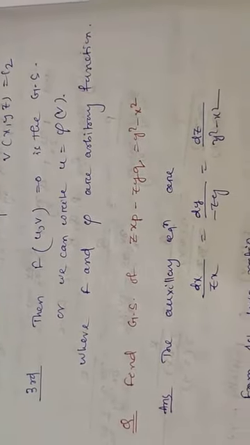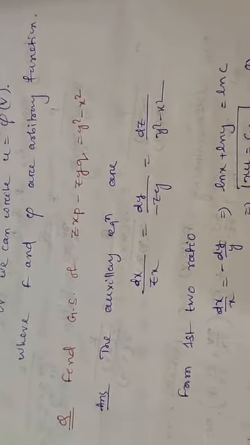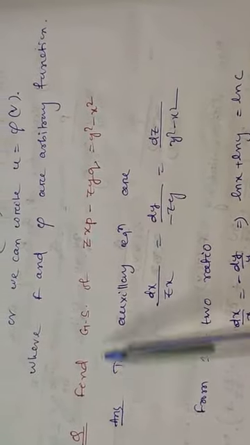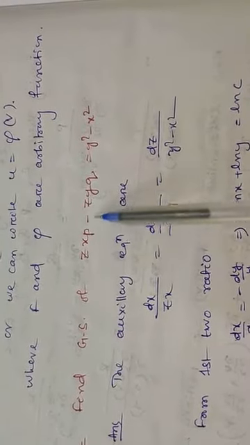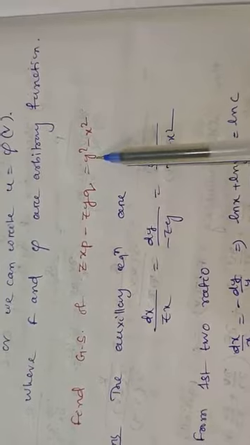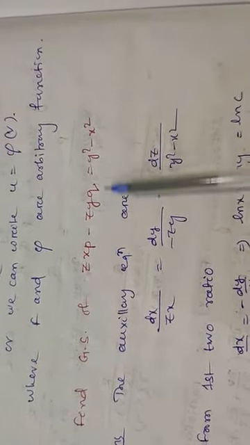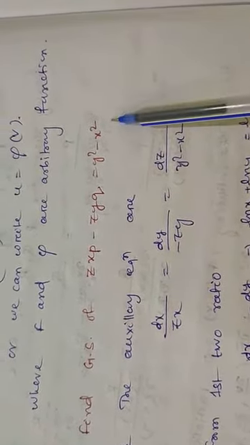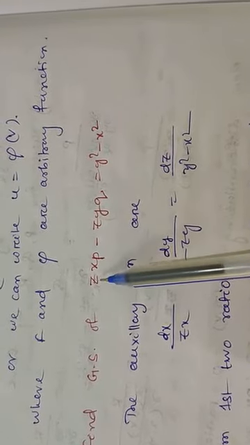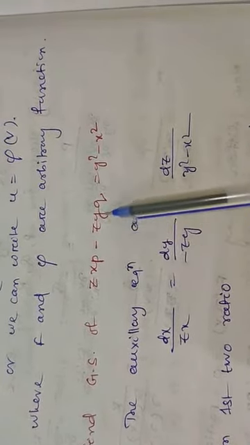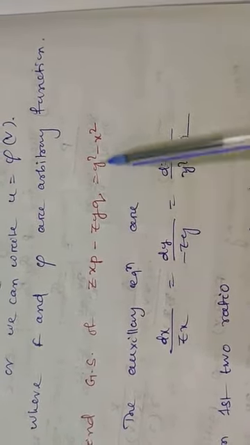Let us check one example so that it will be clear. Find the general solution of zx p minus zy q is equal to y square minus x square. Look at this equation. It is a linear first order PDE and it is of the form Pp plus Qq is equal to R, where P is zx, Q is minus zy, and R is y square minus x square.